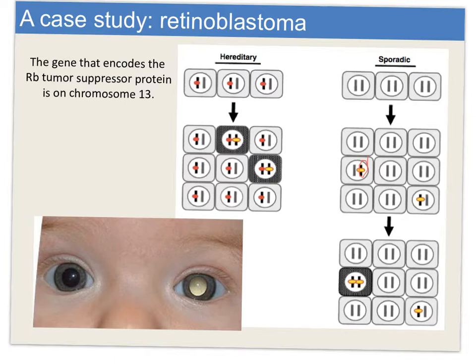And the hereditary form usually means that if you get it in one eye, you're going to get it in the other. Whereas with a sporadic form, you're usually only going to get it in one eye. Standard therapy for retinoblastoma is to remove the eye. For the hereditary form, it usually shows up early in a child's life. I think it's actually a sex-linked trait.